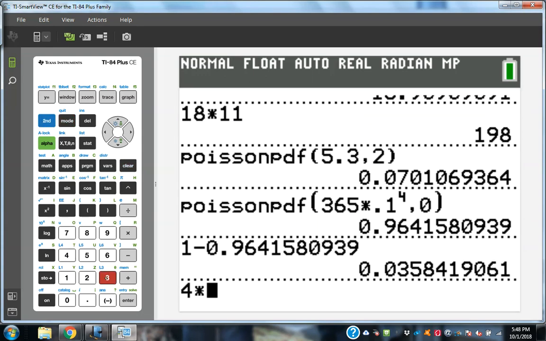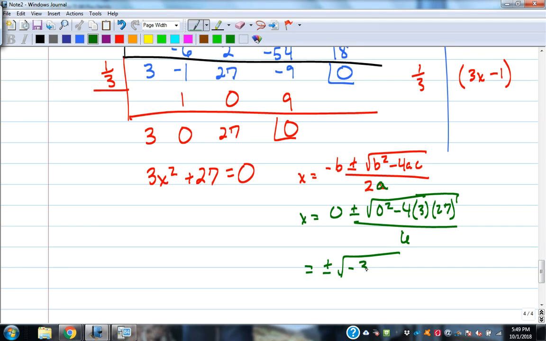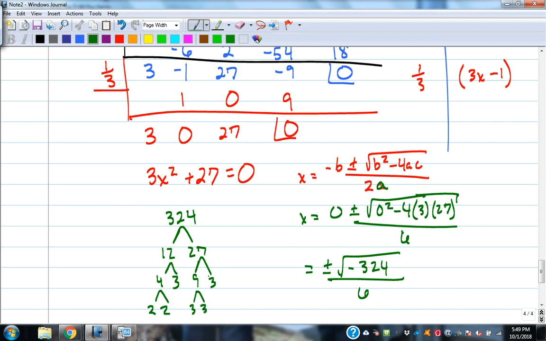4 times 3 times 27. Big number. 324. All that divided by 6. So I would break down 324. I know I got it from 12 and 27. 4 and 3. 2 and 2. That's 9 and 3. That 1.